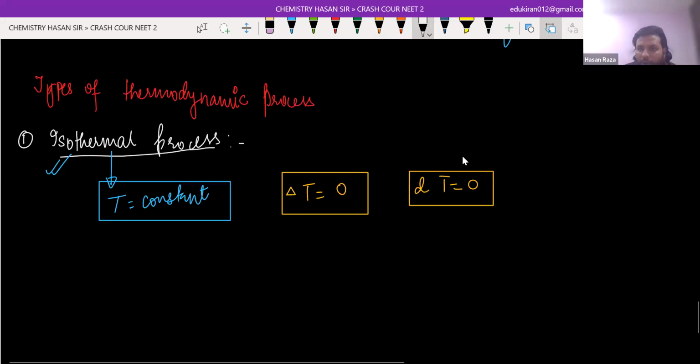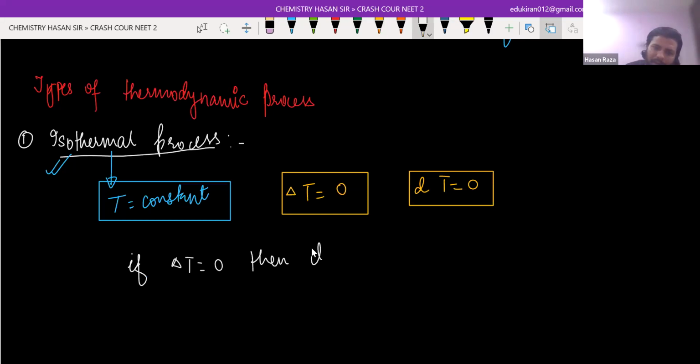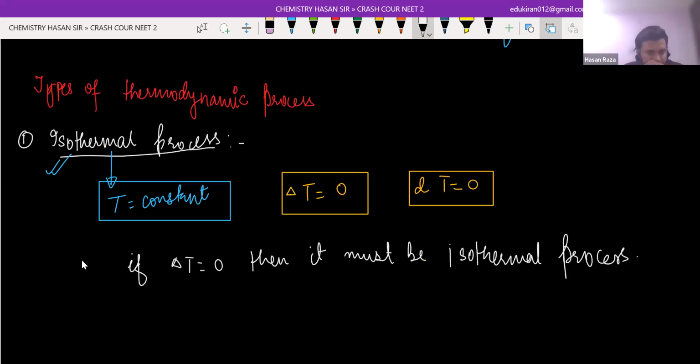Now, the most important point: if I write that if delta T is equal to 0, then it must be isothermal process. Is this statement true or false? True, false.